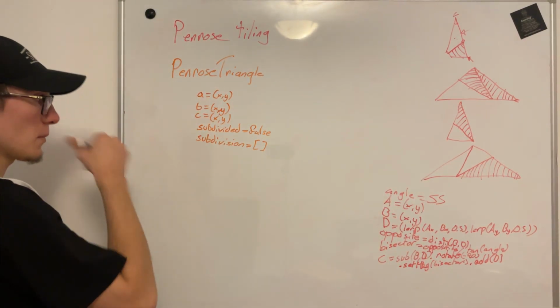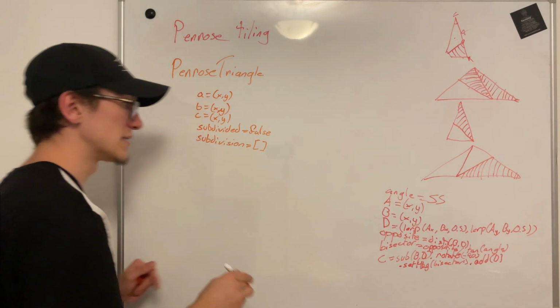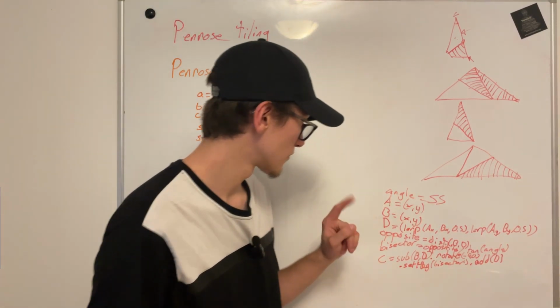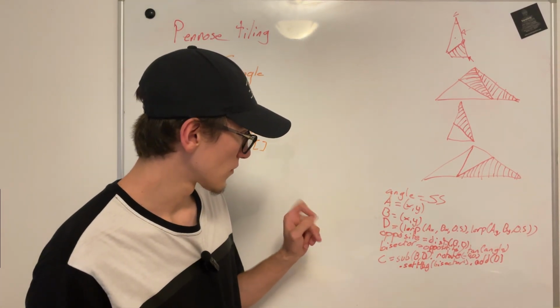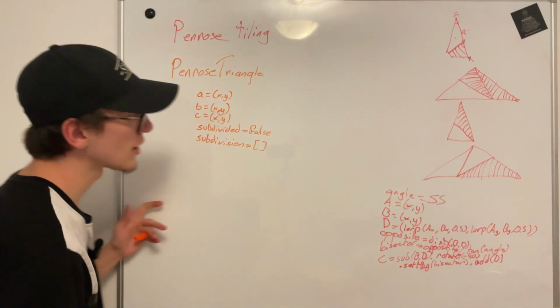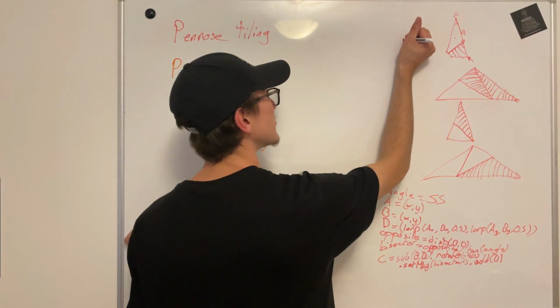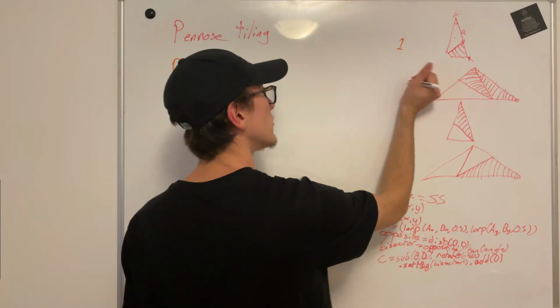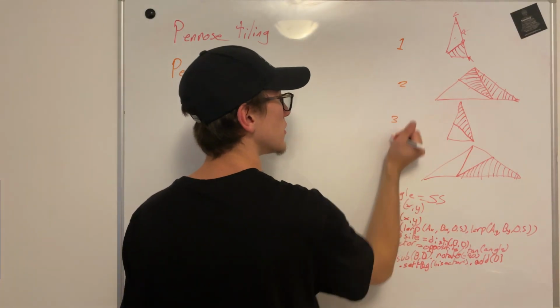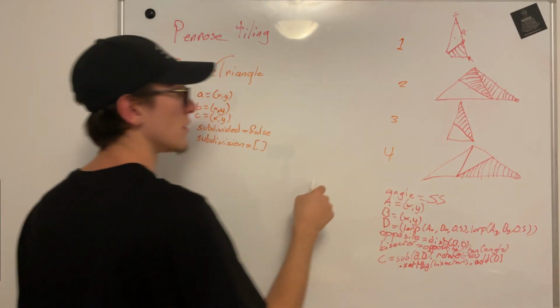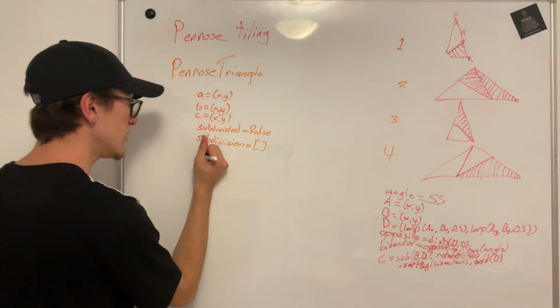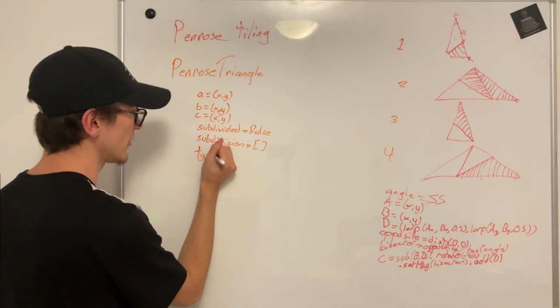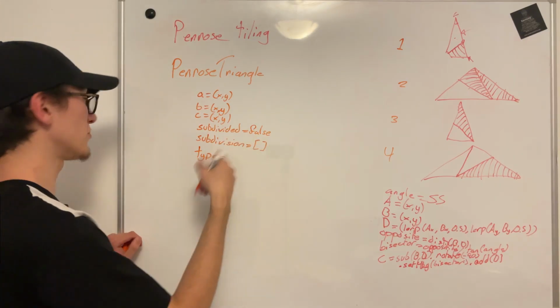So it should also have its type, I guess, or its subdivision type. We'll call this 1, 2, 3, and 4, right? So let's say type. I'll call it type for right now. I don't necessarily like type, but it's fine.